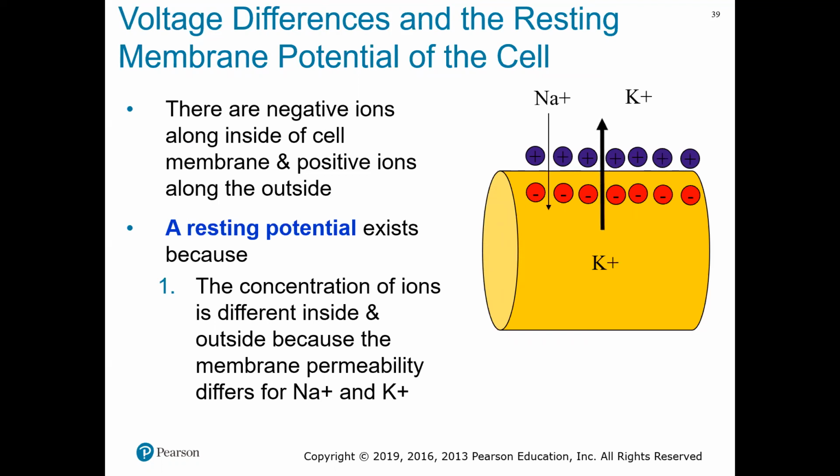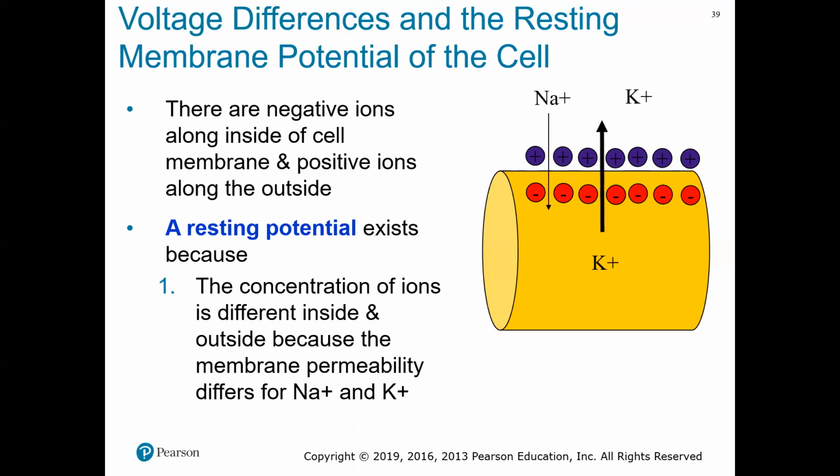And we create a charge. And we say that the outside of a cell is positive because of all these sodiums outside the cell. And the inside of the cell is negative with respect to the outside. Yes, I know that you've got potassiums on the inside of the cell, and potassium is a positively charged ion.